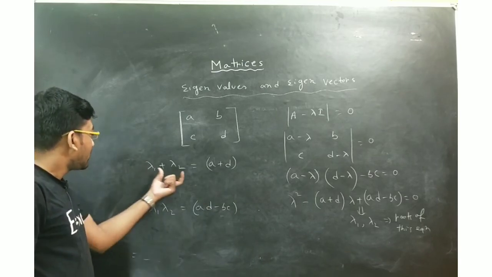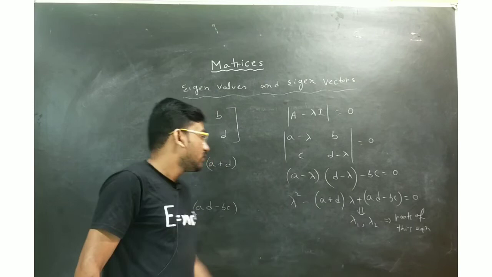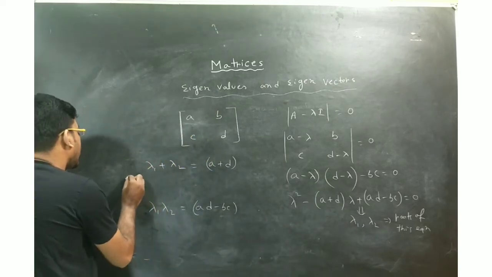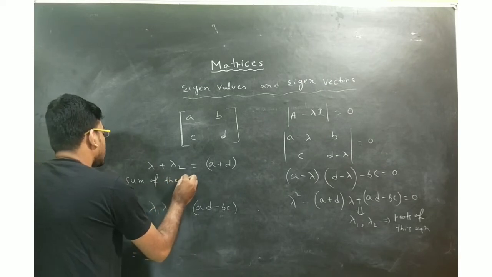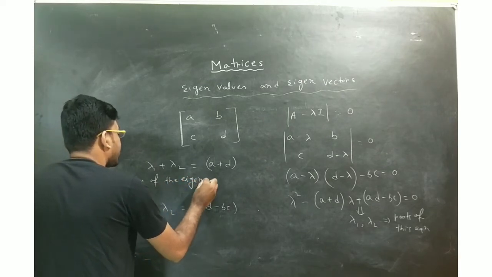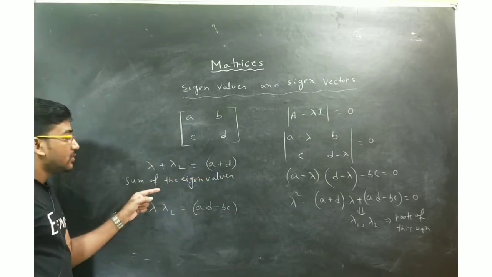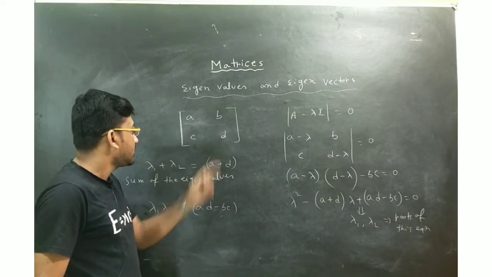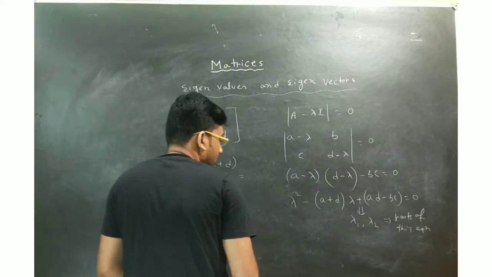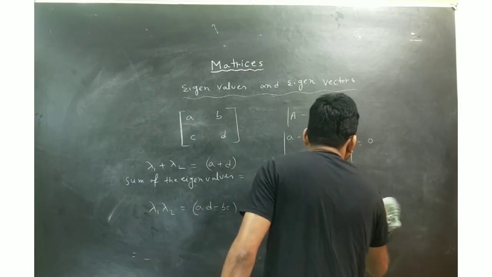Now lambda 1 plus lambda 2 is the sum of the eigenvalues, and you can see the sum of these eigenvalues is nothing but the trace of the matrix.